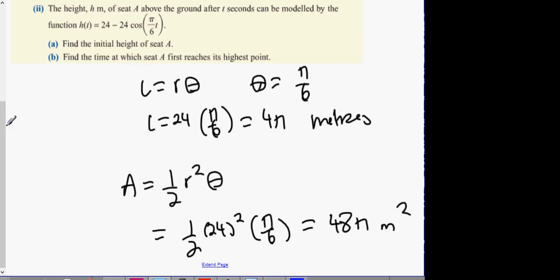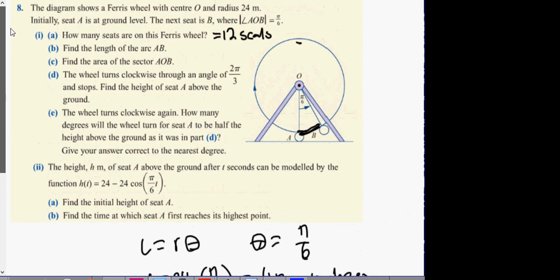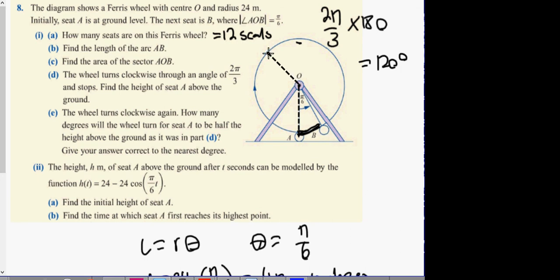Now that that's done, what we're going to be doing next is the wheel turns clockwise through an angle of 2 pi over 3. And once again, 2 pi over 3, multiply that by 180, and you learn that it rotates 120 degrees. So it rotates from the starting position here, up 120 degrees.